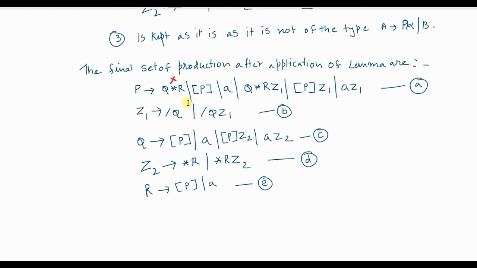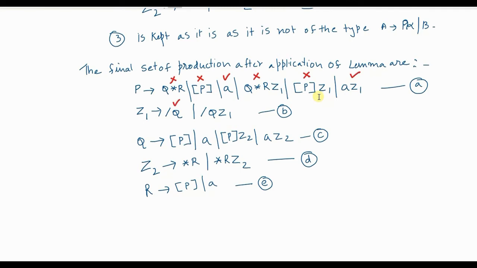The second term here would have been in GNF, but the problem is this: it starts with a terminal, but in place of this closing bracket, if there was a non-terminal, then this term would have been in GNF. So this is also not in GNF. This one is in GNF. Again, here there is the term into, present in between, that's why it is not in GNF. Here this term also would have been in GNF, provided this closing square bracket was replaced with a non-terminal. So this is not in GNF, this is in GNF.